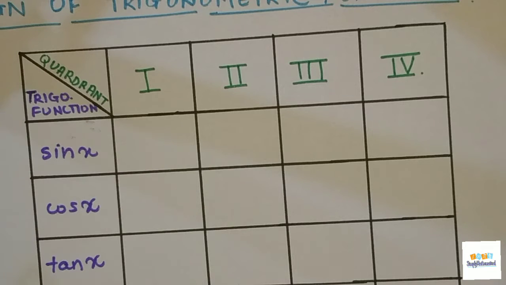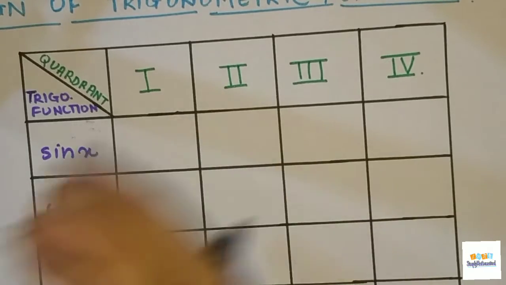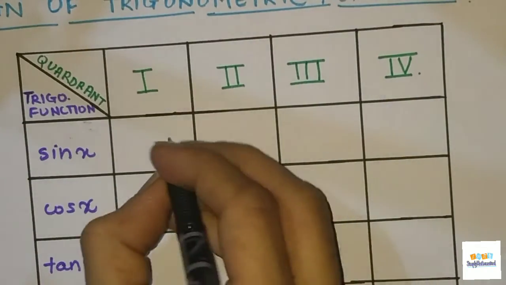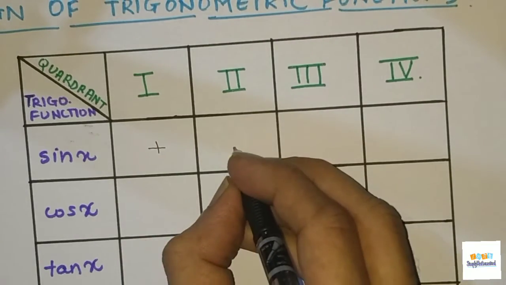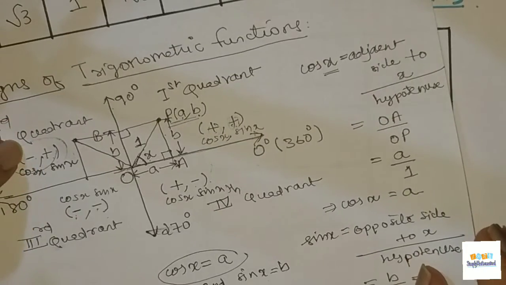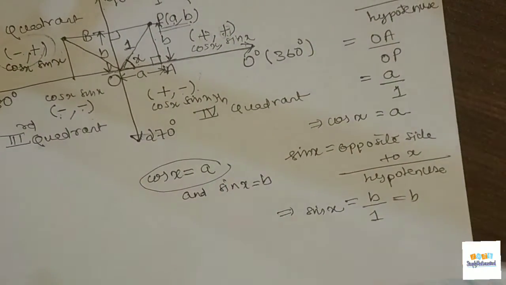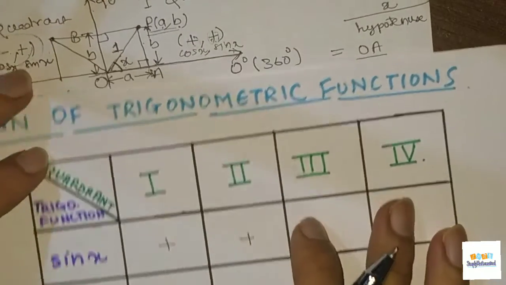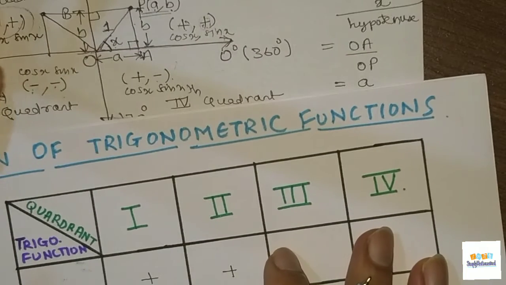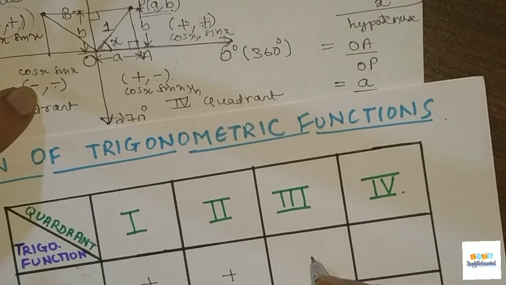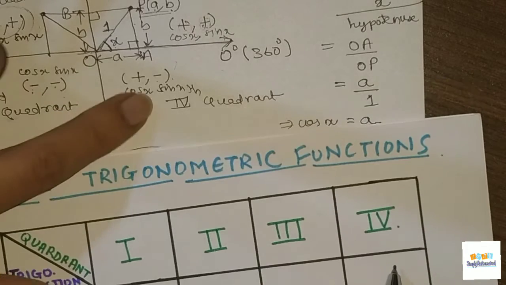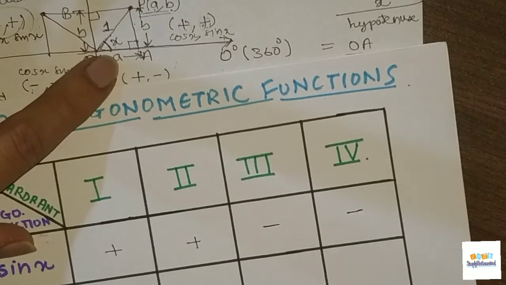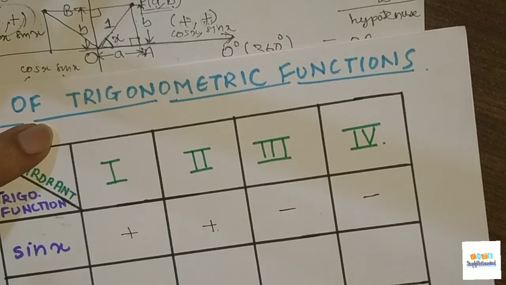Sine is positive in the first quadrant, also sine is positive in the second quadrant. Then in the third quadrant, what happens? Sine is negative. In the fourth quadrant, sine is again negative. So we get the signs in this way: plus, plus, minus, minus.